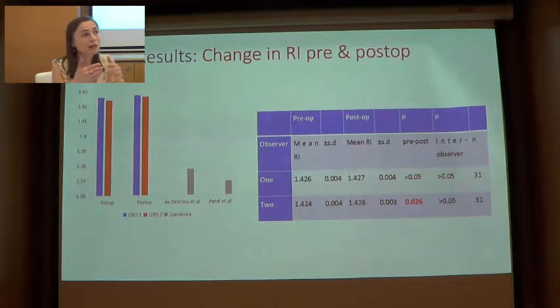So what does that show us? That shows that the refractive index increased after the surgery. So it tells us that hydration decreased. So it was absolutely the opposite of what was expected.